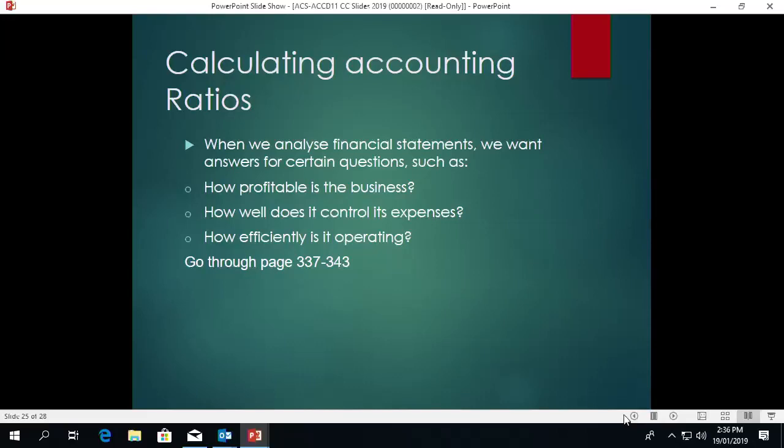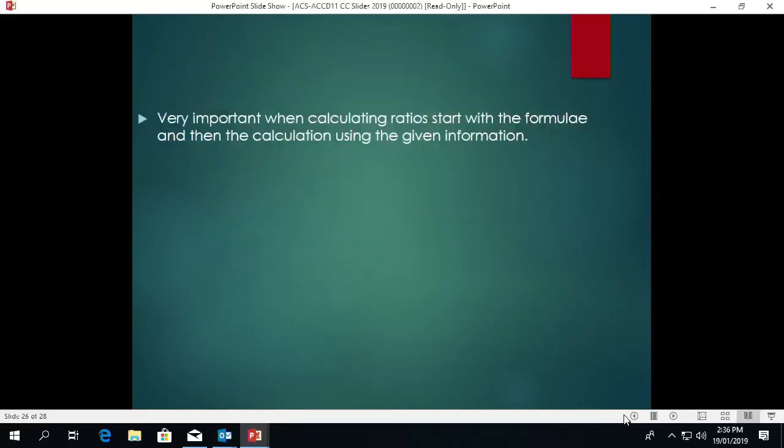How efficiently is it operating? So that is now the reason why we do ratios. Or you want to compare your business with other businesses. That is why we do ratios. So I want you to read through page 337 to 343.